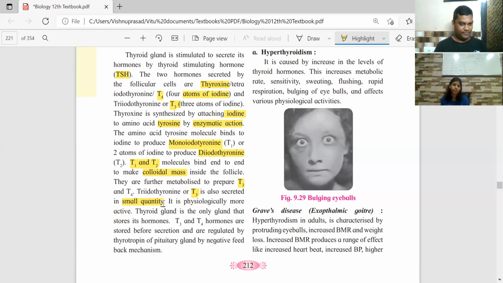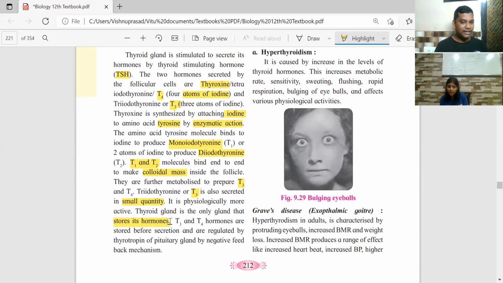You remember one more important point: thyroid is the only gland in the body that can store its hormones. In general, hormones are produced, utilized and finished off, and next time they are required they are produced again.